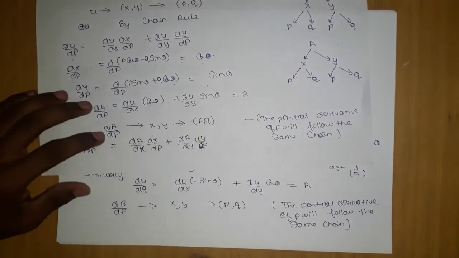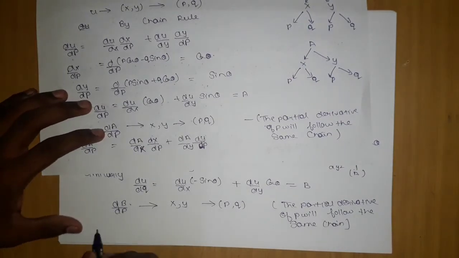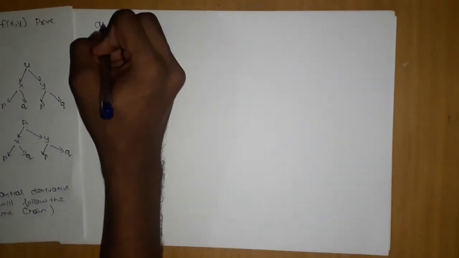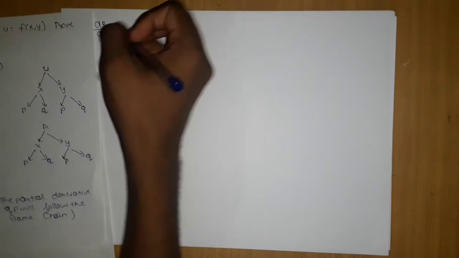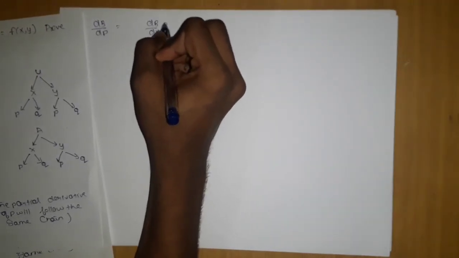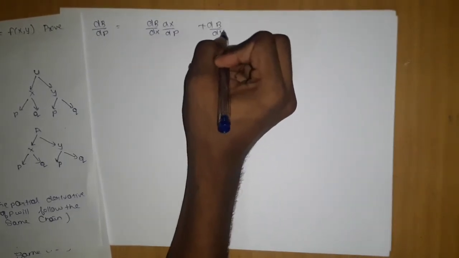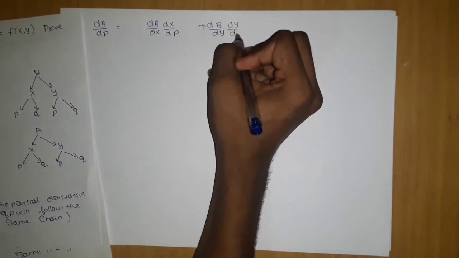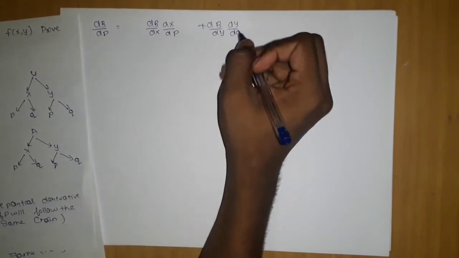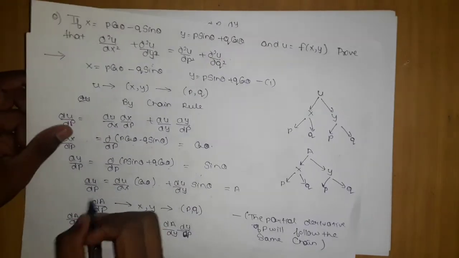So here I know this, so partially differentiating B with respect to p, let me get the next page. It will be ∂B/∂p, which will be by graph ∂B/∂x into ∂x/∂p, and ∂B/∂y into ∂y/∂... sorry, we are differentiating it with respect to q, right? Not with respect to p, okay, we made a mistake.